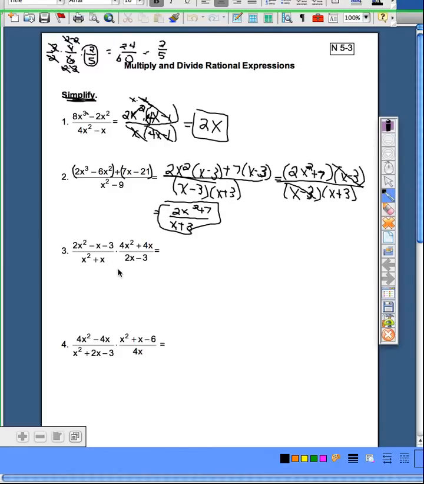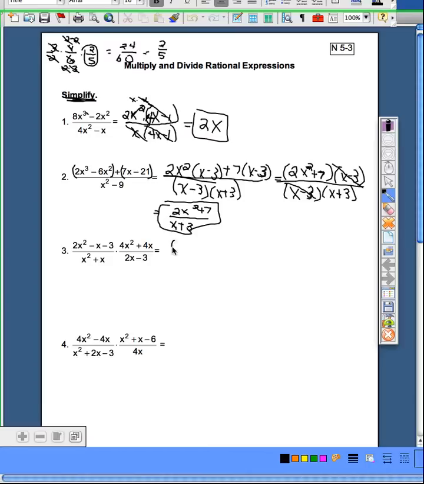Now looking at this one, we've got two fractions multiplied together. It doesn't matter what order we multiply in, just like we did up here. So we're going to factor each piece and then cancel.